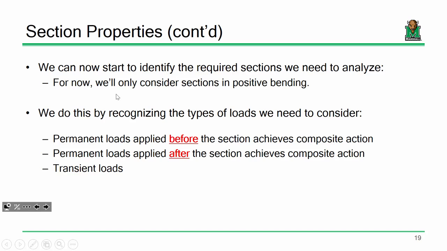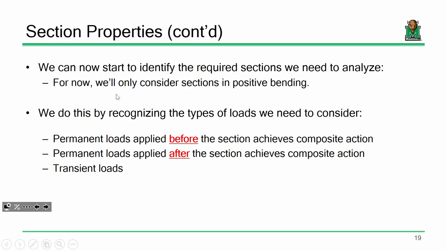But I wanted to at least cover a little bit of it so what we say makes sense. When we consider our load sequence, and I'm just going to leave it at this for now and discuss it in more detail later, we have to consider three types of loads. We consider permanent loads and transient loads, but I'm splitting up the permanent loads a little bit. I'm saying permanent loads that are applied before the section achieves composite action, or before the deck cures, and then permanent loads after the deck cures.